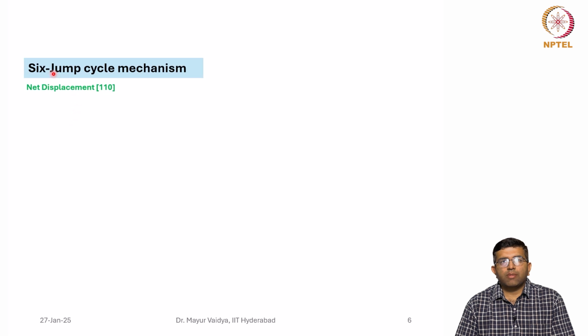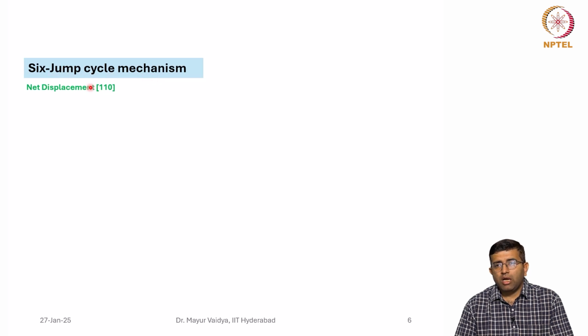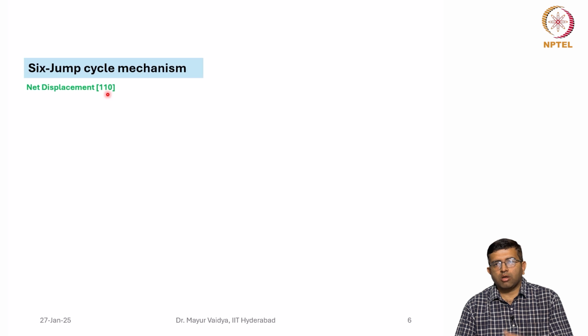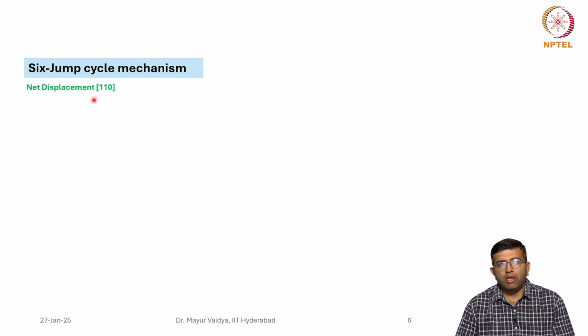The first mechanism is called the 6 jump cycle mechanism. As the name indicates, there have to be 6 jumps involved for one exchange to occur, such that the order is also preserved. How the jump sequence goes depends upon the direction of the displacement. We will take an example where the net displacement occurs in the 110 direction.